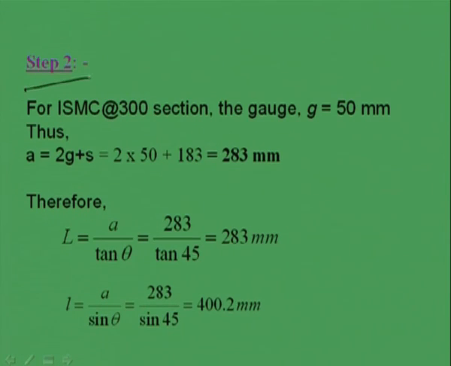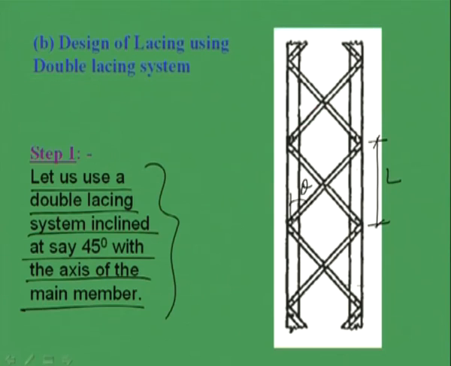In step 2, we will find out A in a similar way, that is 2G plus S, and this is coming 283 millimeter, and similarly we can find out L. Here what will be L? If this is the total 2L, this is again L, right.